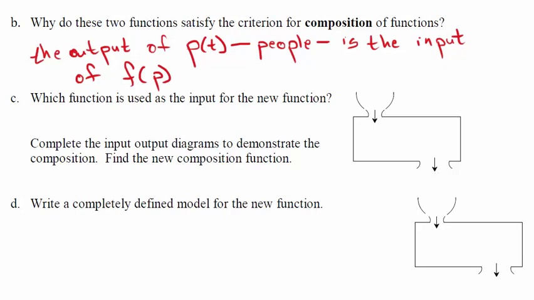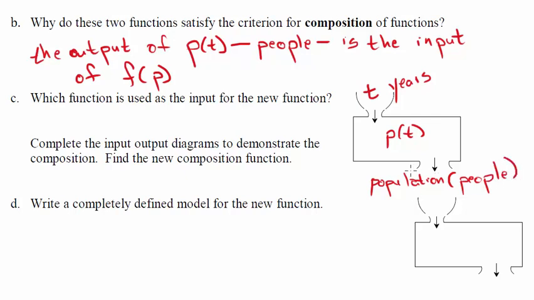So here in my first function, we're inputting t, which is the number of years, and then we're applying p of t, which gives out the population, which is measured in people.